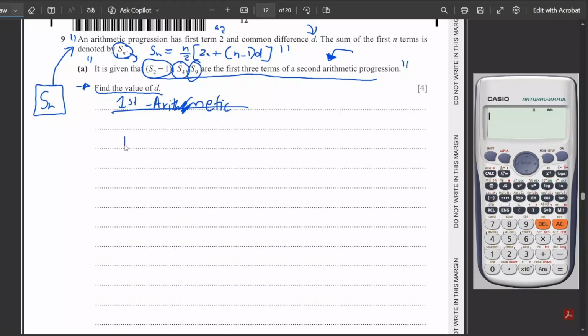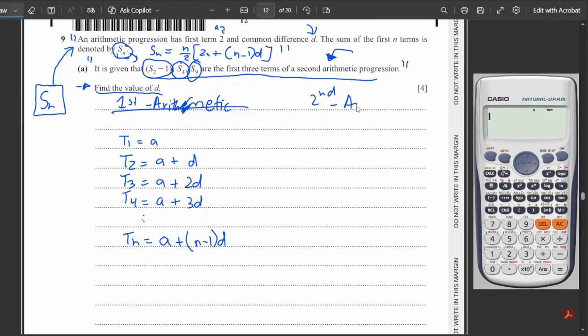Okay, so t1 for term 1 is equal to a, and then t2 for term 2 is going to be given to you by a plus (n minus 1)d, but since we're talking about term number 2, n is going to be 2, so 2 minus 1 times d, 2 minus 1 is 1, 1 times d is d, so it's going to be a plus d over here. And then term 3 is going to be a plus 2d, and then term 4 is going to be a plus 3d, and then so on all the way till you go to term n, and it's going to be a plus (n minus 1)d. So that's the first arithmetic progression.